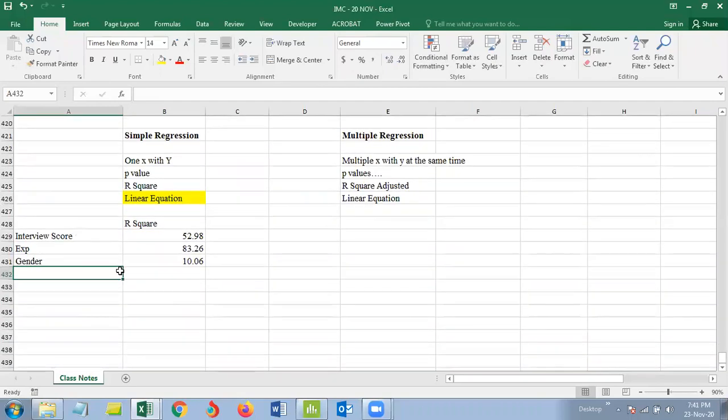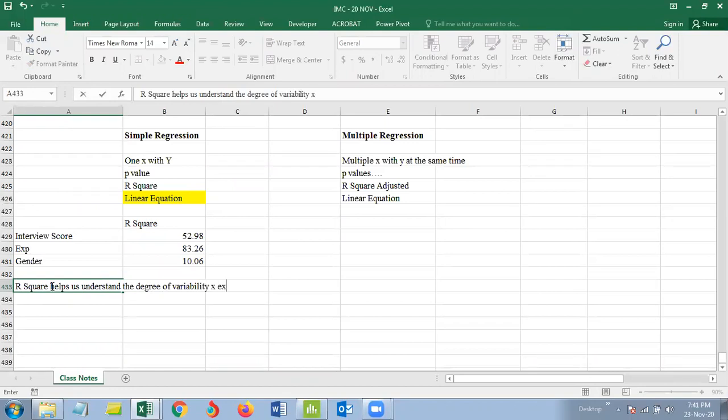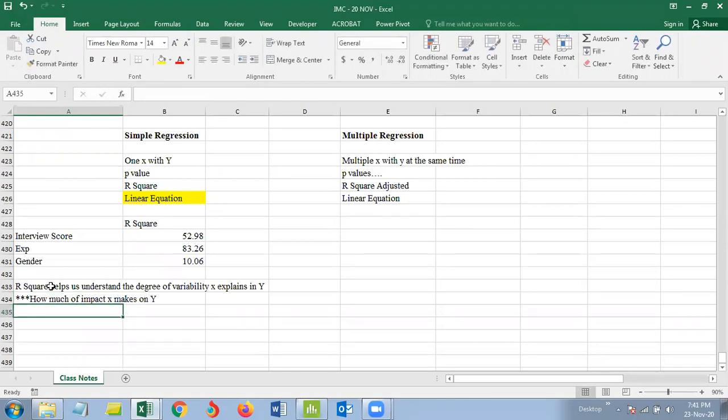Now, what is this R squared? R squared helps us understand the degree of variability X explains in Y. In a nutshell, in layman's language, how much impact X makes on Y. How big is the root cause?